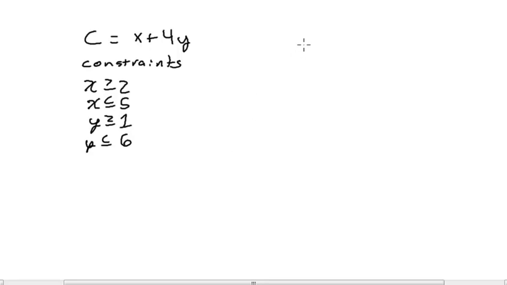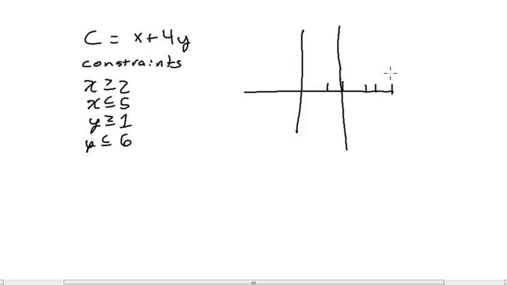First we're going to graph these constraints. So x greater than or equal to 2. An x equals line is a vertical line. There we go. x is less than or equal to 5, so 3, 4, 5.